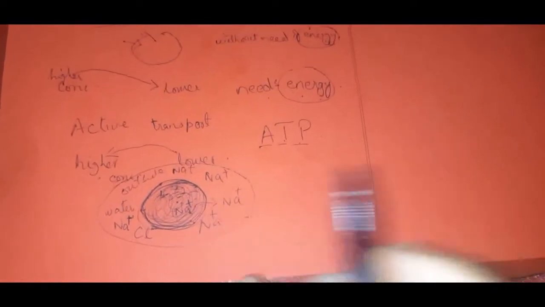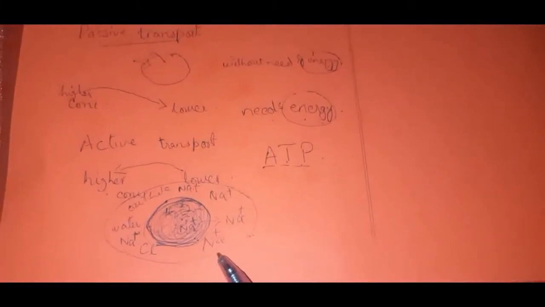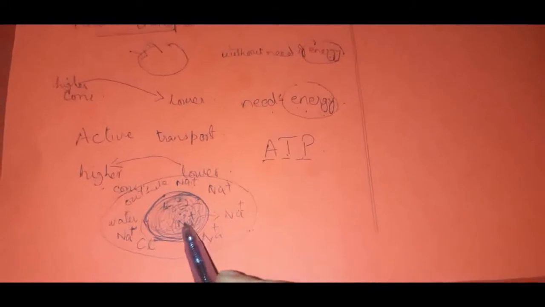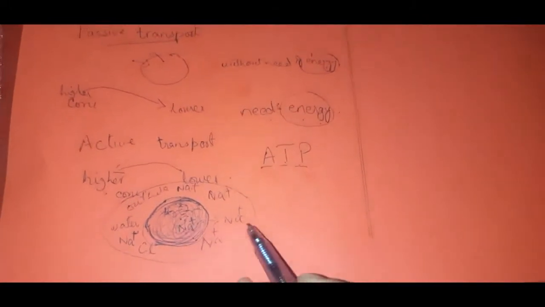If you look over here, the concentration of sodium ions inside is very low, and outside the cell there are 1, 2, 3, 4, 5, five ions of sodium, right? So it will require energy to move from the lower concentrated region to the higher concentrated region, right?